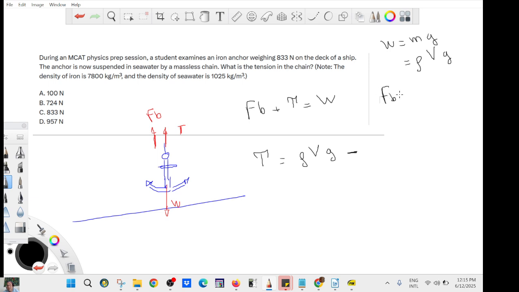So the buoyant force is the weight of the water displaced, and that will be the density of the water, seawater, times the volume, which is the same, times G.